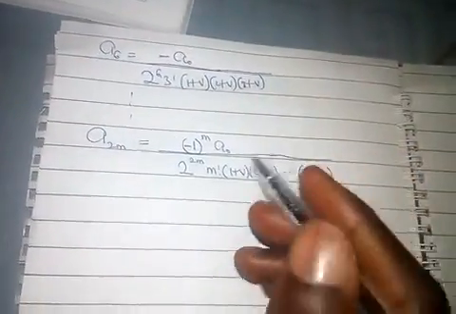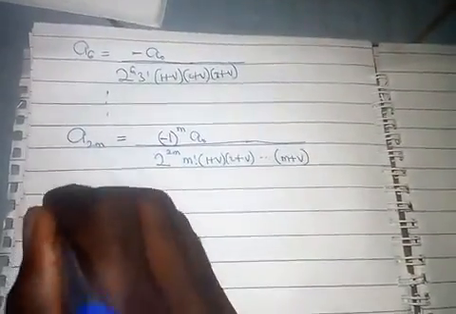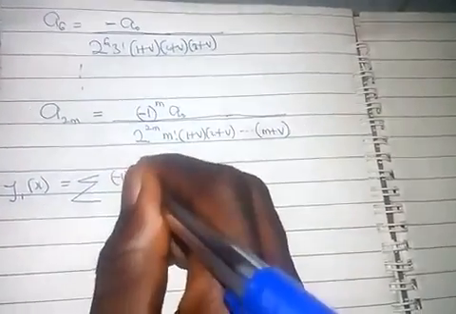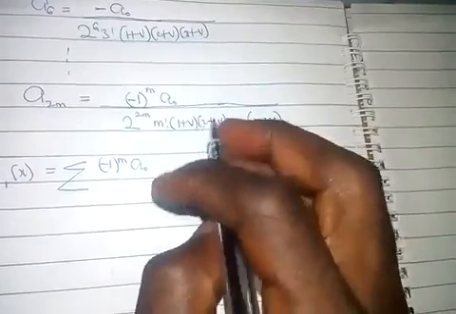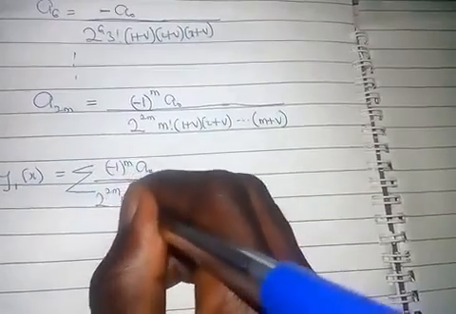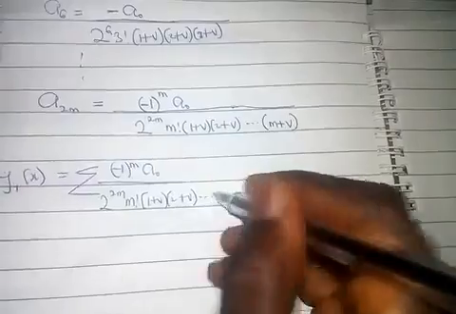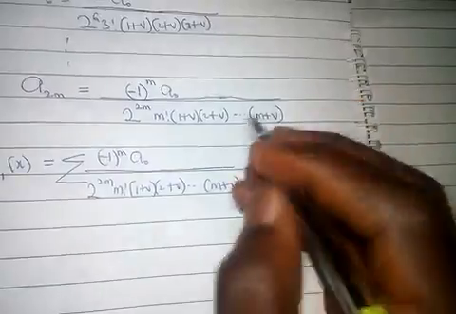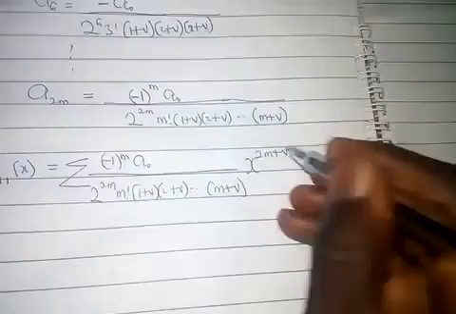So in this case, your general term, that is your y1, is equal to summation minus 1 to the n, a naught all over 2m m factorial, 1 plus v, 2 plus v, dot dot dot, m plus v, into x to the 2m plus v.